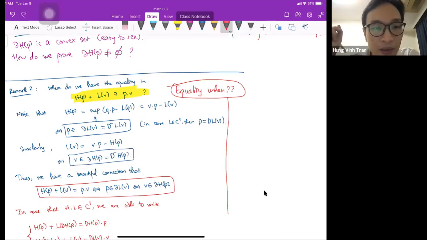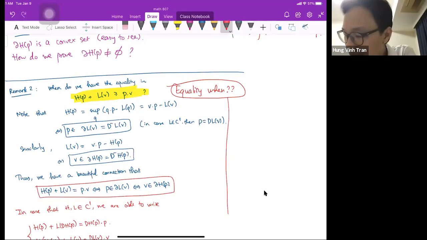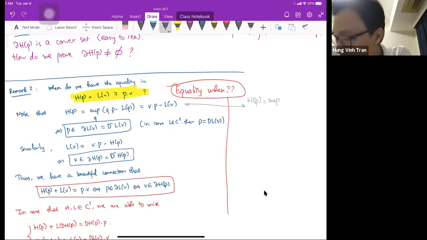If you look back, there was a problem; I can write it here. I have this maximizing problem. H of P is the supremum over Q of Q dot P minus L of Q. And this supremum happens at V, right?